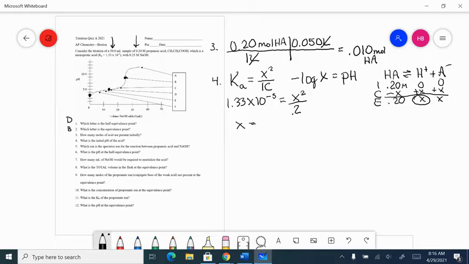So x in this case is 1.63 times 10 to the minus 3. That's the concentration of H+. So that I can do the negative log of x and I get a pH of 2.79. That's the answer to number 4.